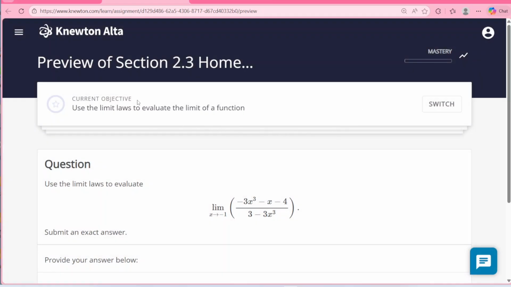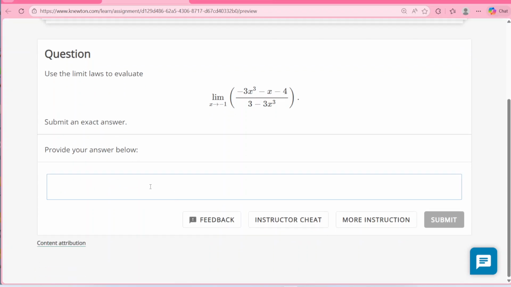So then you have the current objective: use the limit laws to evaluate the limit of a function, and a question related to that objective. This one's a fill in the blank one. At the bottom of every question, you'll see a feedback button.